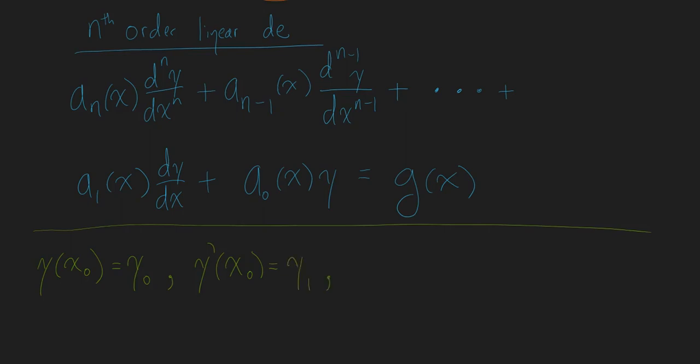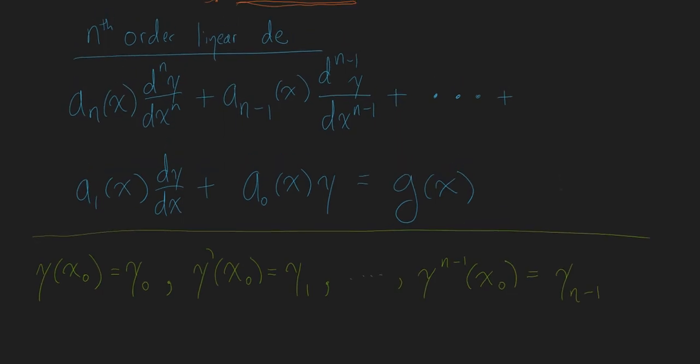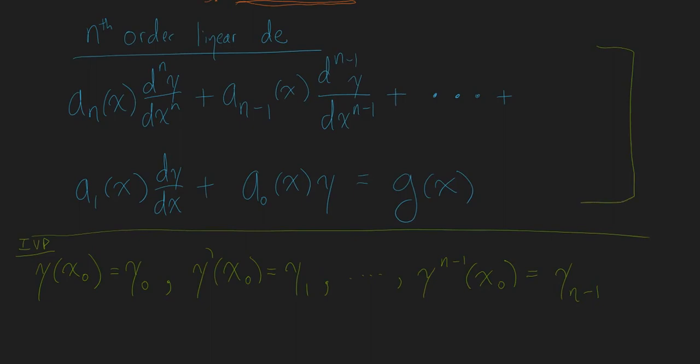And we're going to require on and on and on until the n minus 1th derivative of x sub 0 is equal to y sub n minus 1. So this is the initial value problem, so IVP, and it's going to say, okay, we have this nth order linear differential equation and we have this set of conditions. What is the solution that satisfies both?